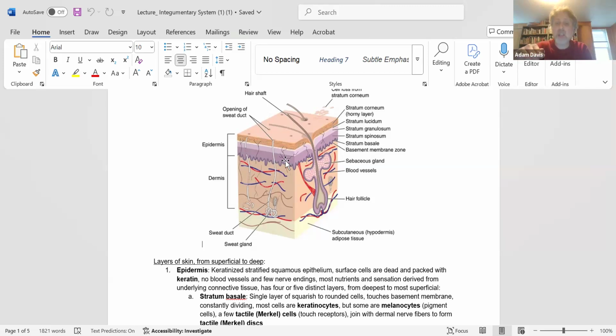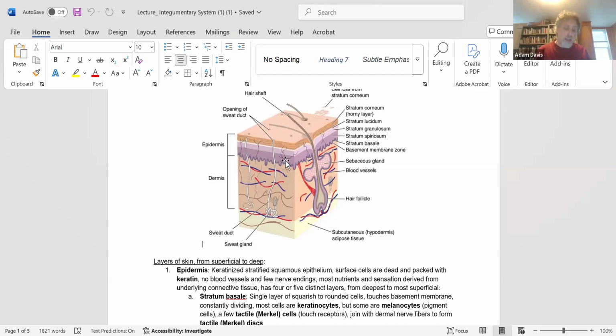The word stratum means layer. So stratum spinosum is the spiny layer. This layer features mostly keratinocytes with spiny desmosomes on them, binding them to other cells around them. You will find a few melanocytes in this layer, but not many.